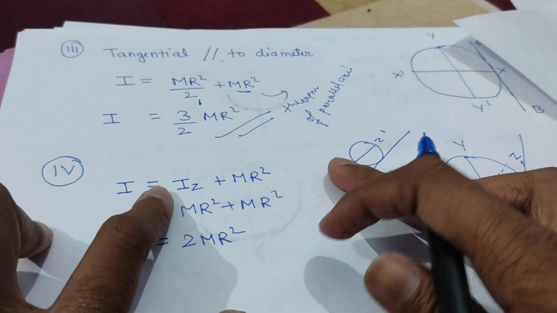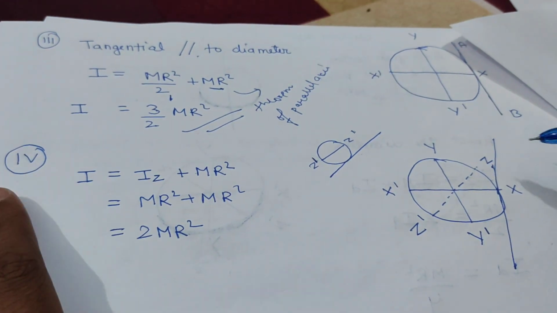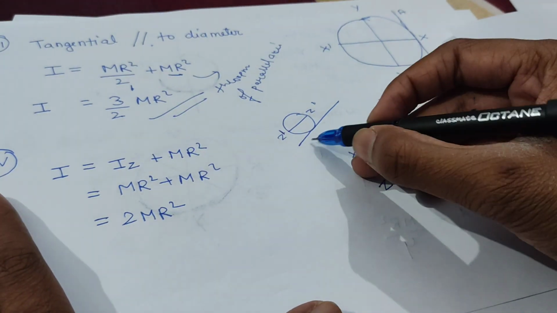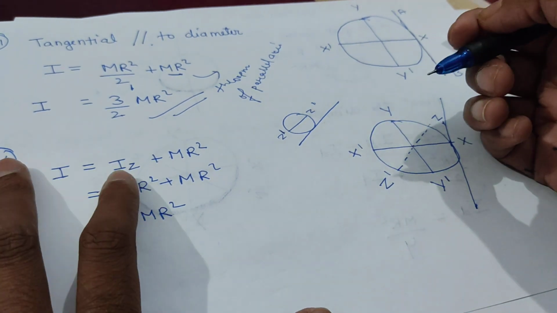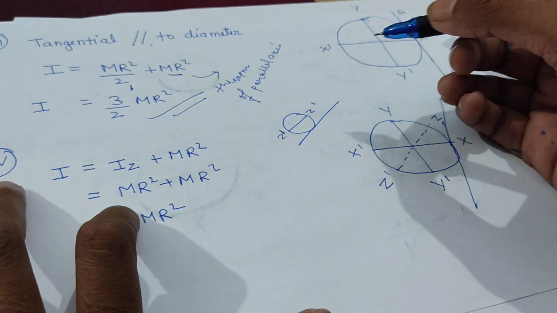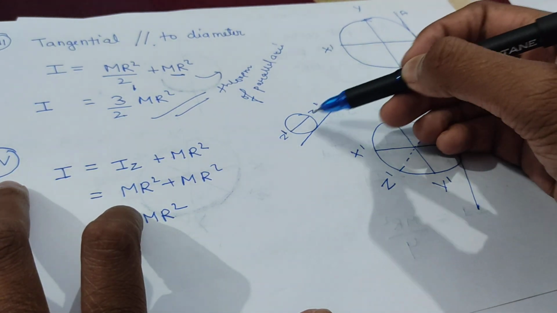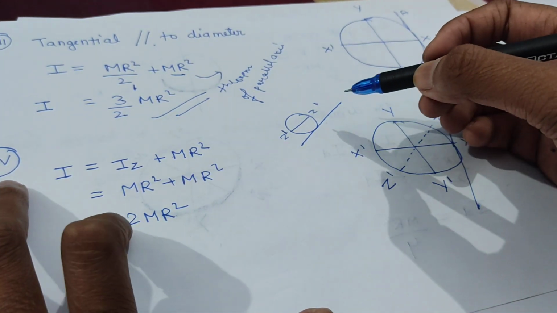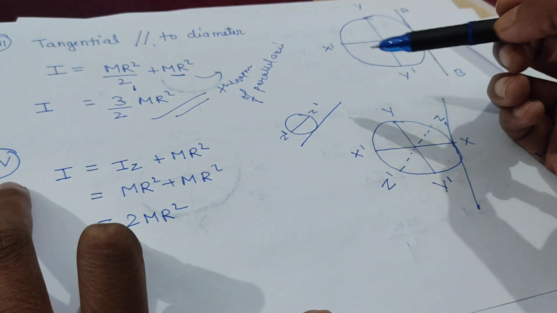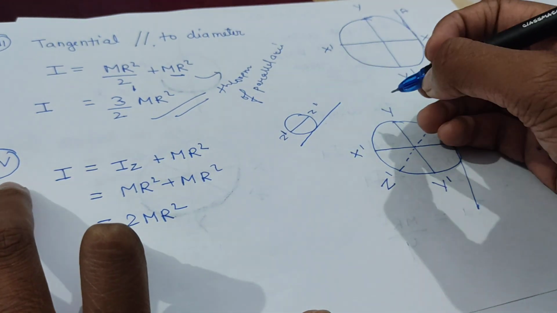Now we consider an axis that is tangential to the ring and parallel to the axis, but this time parallel to the diameter.